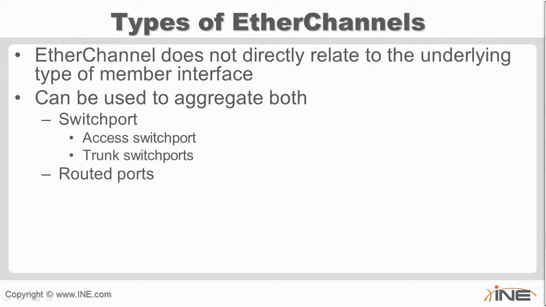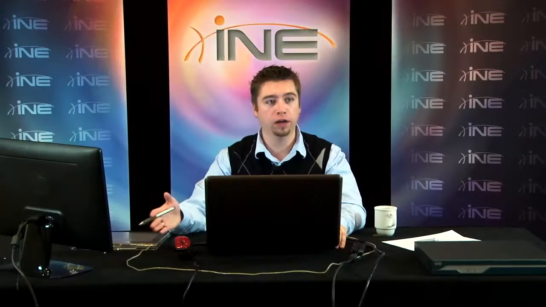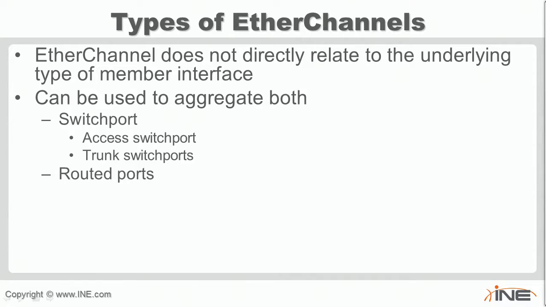So I could have the channel installed in the routing table and run OSPF or EIGRP over it. So I'm using layer 3 routing as opposed to layer 2 switching, but the switch is ultimately going to choose how the traffic is balanced between the members based on an internal logic of the MAC addresses. Could be based on the source, the destination, or both of them at the same time. There are some options that we can change for this.